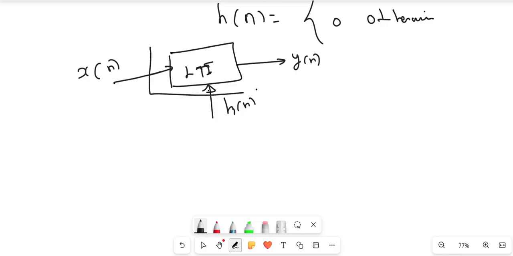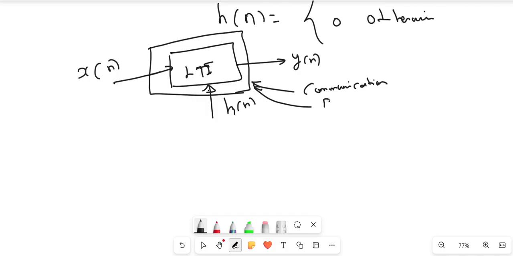This system may be a communication system, or a biomedical system, or a radar system.